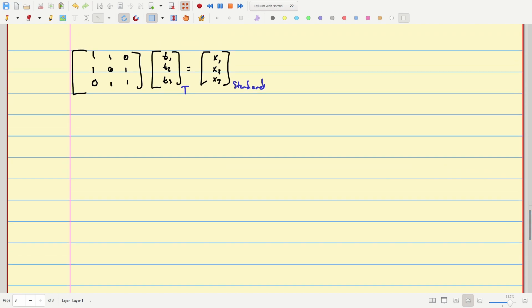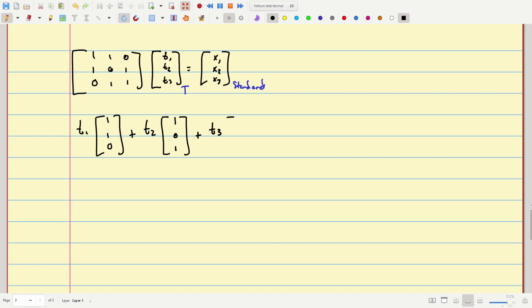The way that we should think about this multiplication here is I am taking a linear combination of the columns of this matrix.